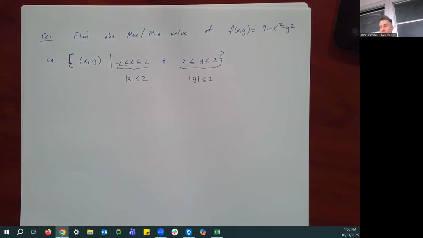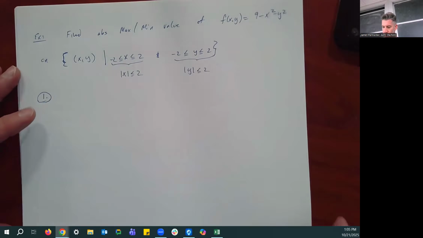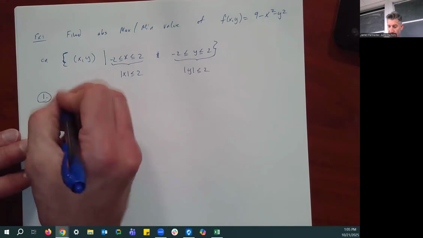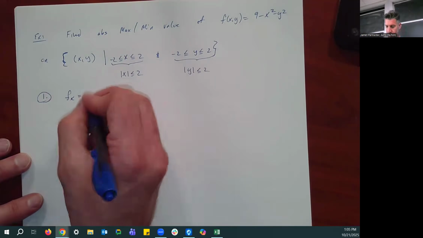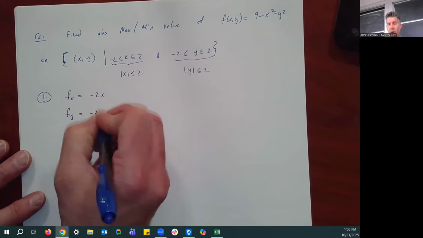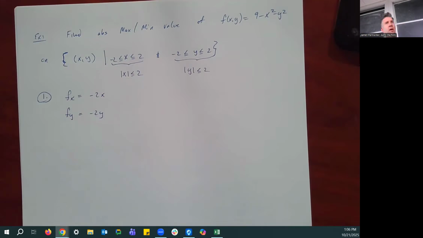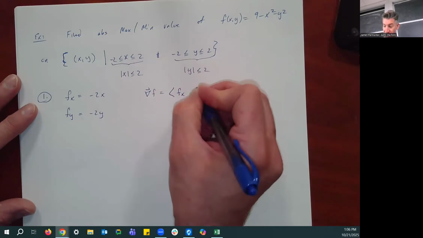Usual process. So, step 1, regular critical points, which are super easy to find here. Our fx is just negative 2x. Our fy is negative 2y. By the way, I want to point out when you're finding regular critical points, you are literally setting the gradient equal to 0. Remember what the gradient is? The gradient is the partial derivatives fx and fy.